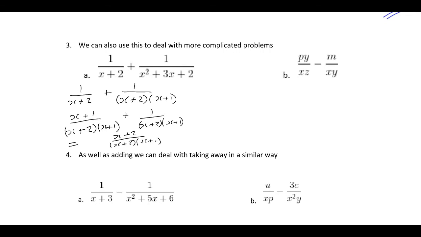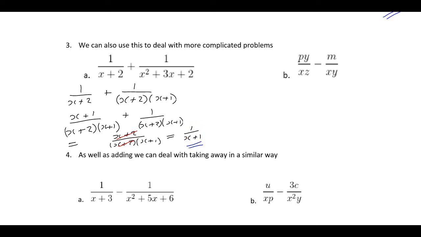Now, at this stage, we'd often be finished, but we just need to check: can I divide everything on the top by something and everything on the bottom? And in this case, we can. We've got an (x + 2) times 1 on the top and an (x + 2) on the bottom. So we can now cancel those. So that leaves us with 1 over (x + 1).